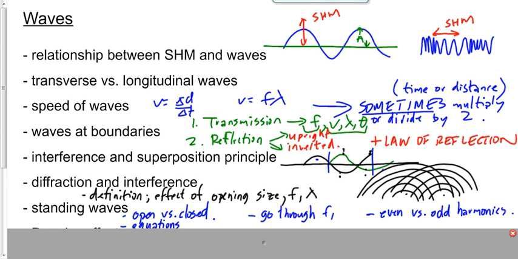But when you have an open air column or a string, then you also have evens. But when you have a closed air column, like you had on your quiz today, there are no even harmonics. So if you ask for the first two harmonics experienced, it would be the first and the third, not the first and the second. But if it's an open air column, the first two harmonics experienced would be the first and the second.